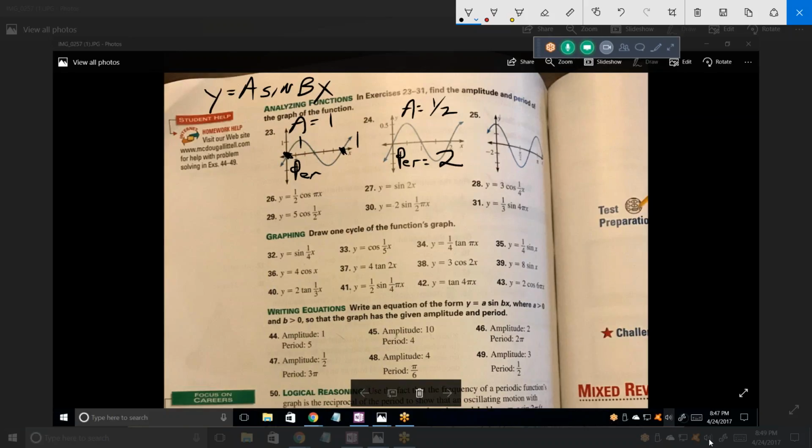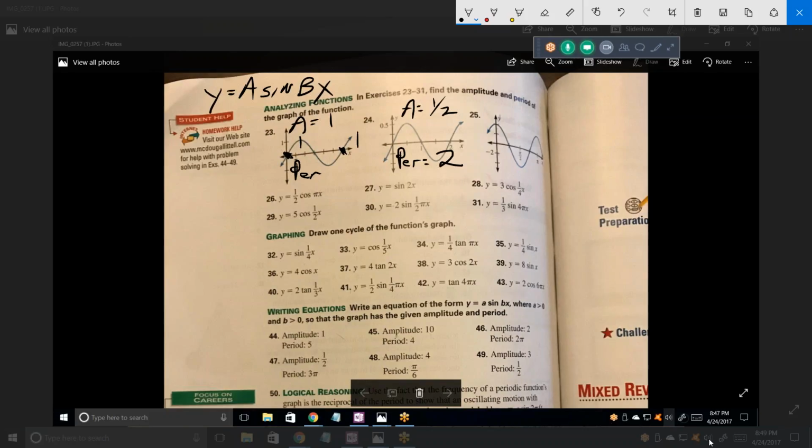In other words, the x scale doesn't always have to have a pi in it. It's in radians. And radians are numbers. So even if I say pi over 2, that means 3.14 divided by 2. So it's really just a number. But don't be fooled into thinking the x-axis always has to be in terms of pi. It can be in numbers, just like this one.